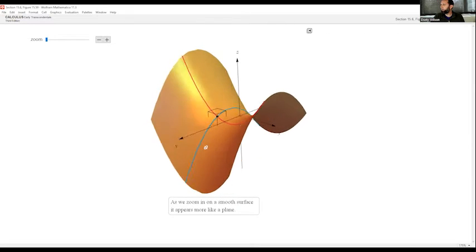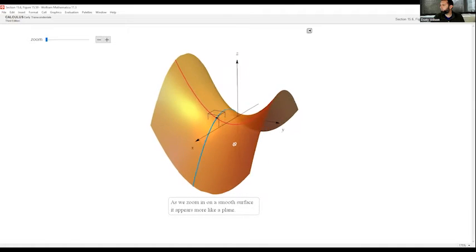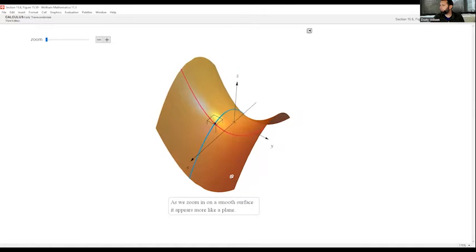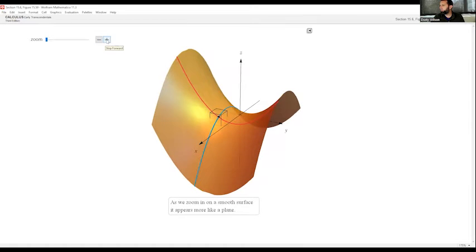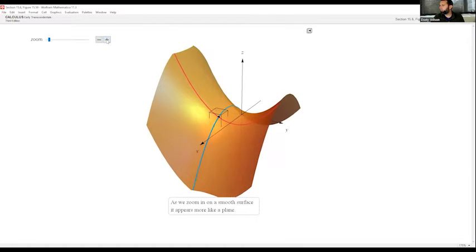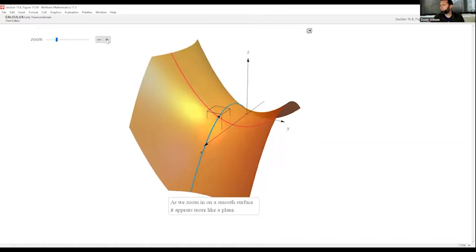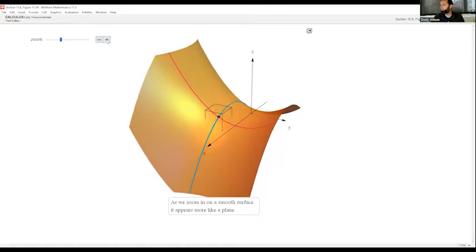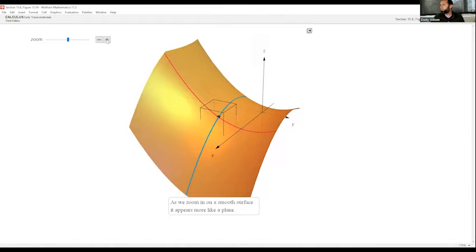So here we have some sort of a saddle shape, a nice smooth surface, and we want to zoom in on the region that's inside this box. Notice as we zoom in, that very curvy looking saddle begins to look flatter, flatter, flatter.